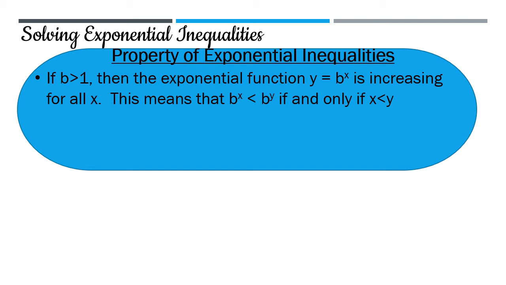This means that b raised to x is less than b raised to y if and only if our x is less than y. Kung mapapansin natin dito sa ating first property, ang ating b ay greater than 1. So, kapag ganito, ibig sabihin, ang ating b raised to x ay less than b raised to y.